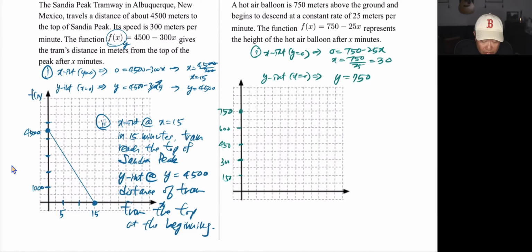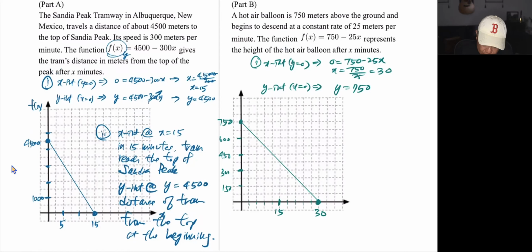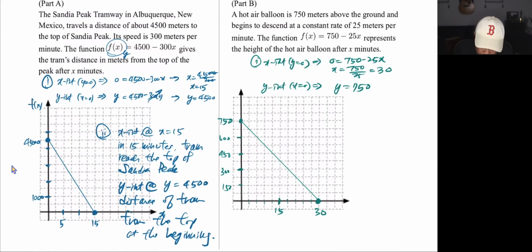And the x is 30, so why don't we go 1, 2, 3, 4, 5. Let's make that 15. 1, 2, 3, 4, 5. Let's make that 30. So we're going to connect this x and y intercept right here, like this. So we did what we're supposed to. We found the x and y intercept. We connected them. Now we have to interpret them.